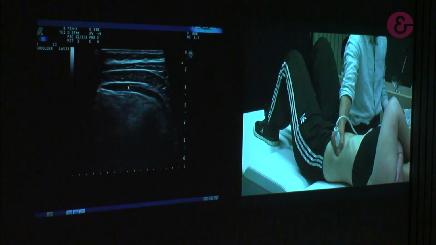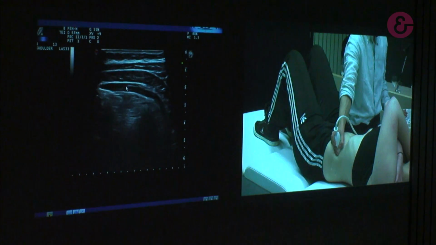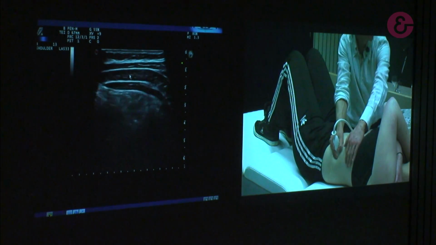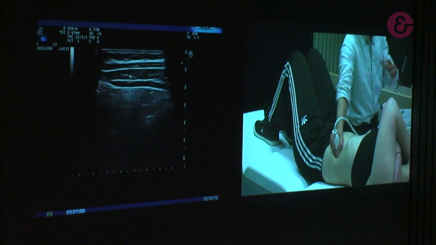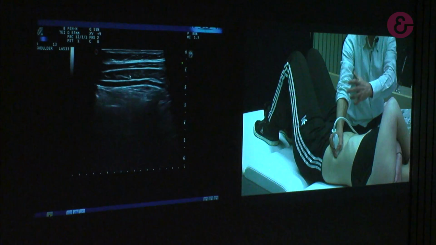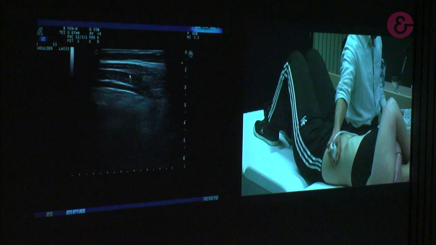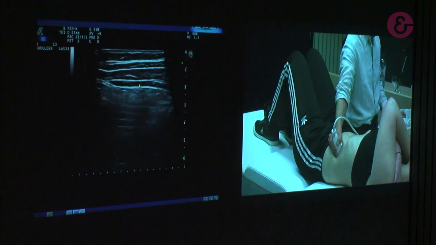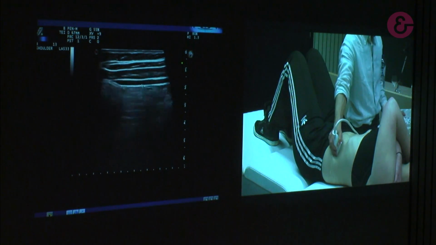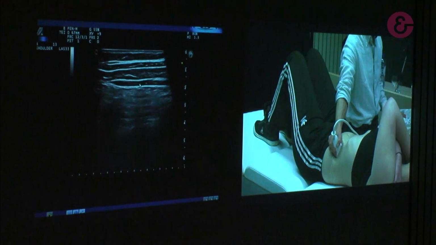What I need to check is that she's able to keep the contraction here and there is no activation of the other muscle. There is not a big activation because, of course, we have a little bit of activation because there is a perturbation. So other muscles need to stabilize. But what I'm interested in is that the deeper part, the transversus abdominis muscle, is on during the movement.